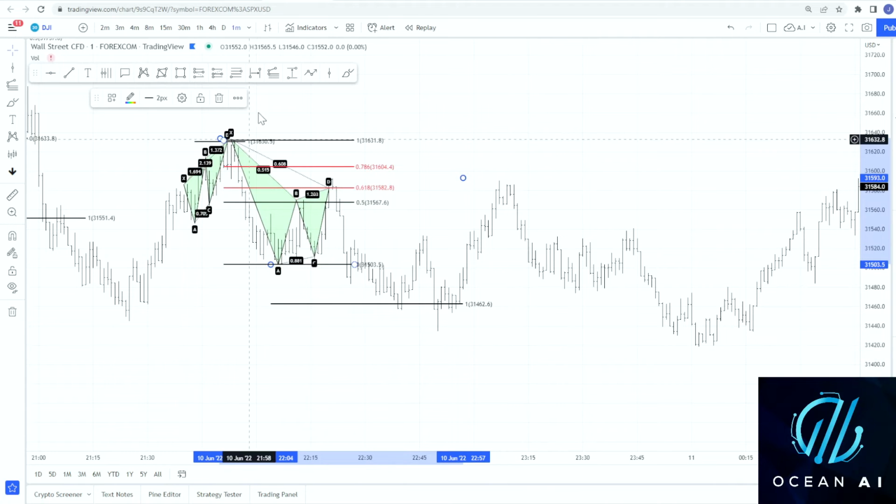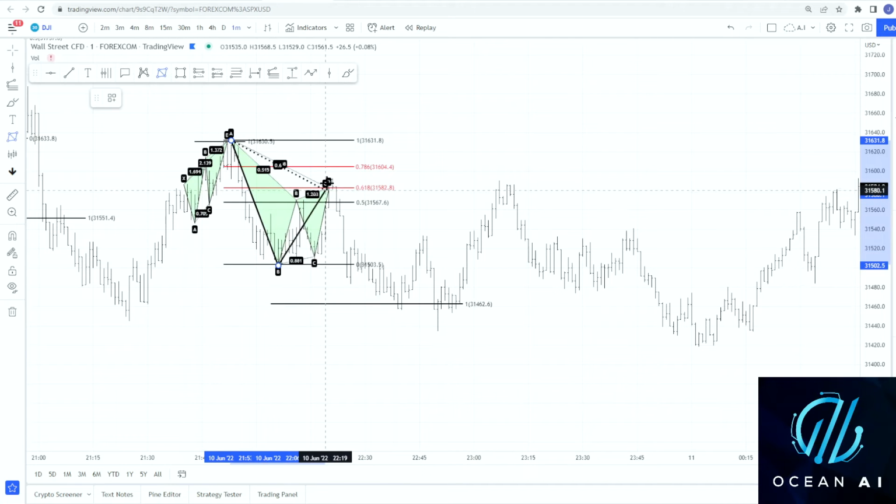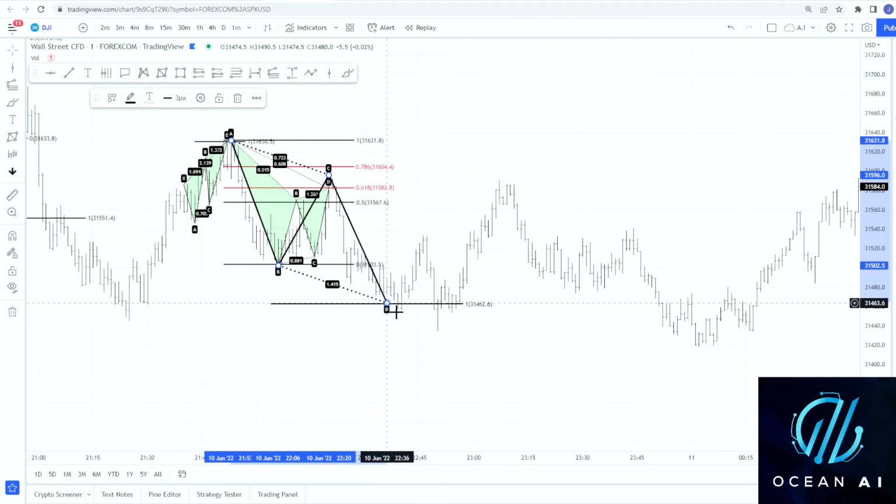So we got that ABCD down, down to there, and that gave us the buy opportunity here. With that one, you would have had your order in here, and the stop loss would have been just below that low there, so really only risking about 30 points.